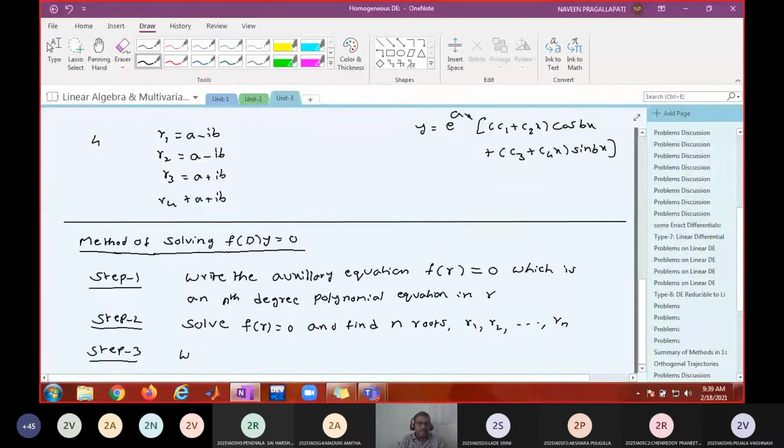Write the general solution depending on the nature of the roots as illustrated above.